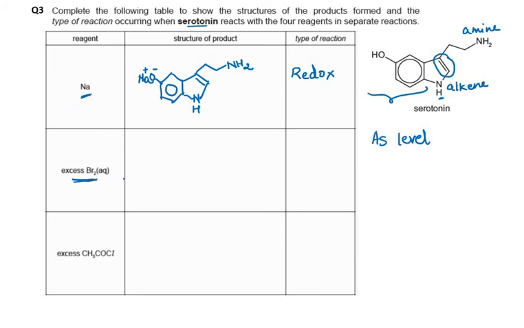Now think about where bromine is going to get added. We know that phenol very easily reacts with bromine at room temperature. So phenol is definitely going to react with bromine, and also the alkene reacts with bromine. So bromine will react with two parts of this structure. Let's draw the structure. When bromine reacts with the phenol part, bromine gets added to the second, fourth and sixth positions.